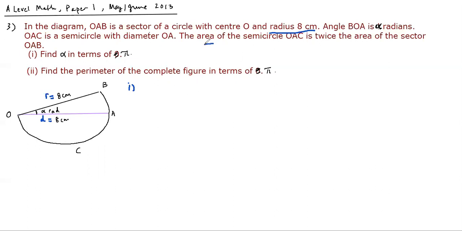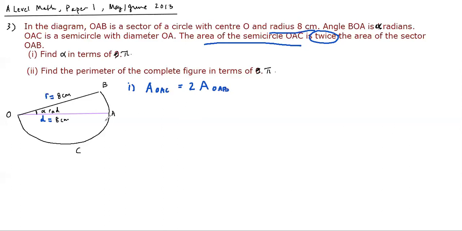You are given that the area of the semicircle OAC is twice the area of the sector OAB. So you are given that the area of OAC is 2 times the area of the sector OAB.